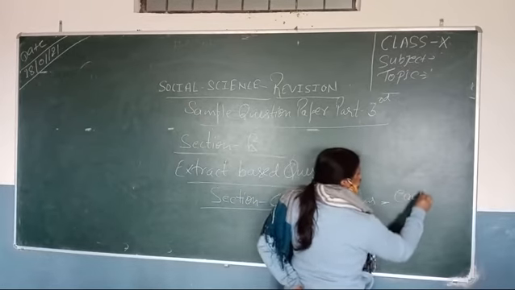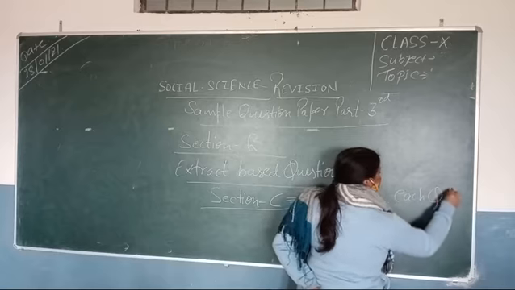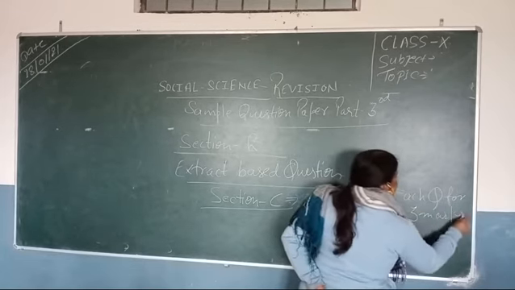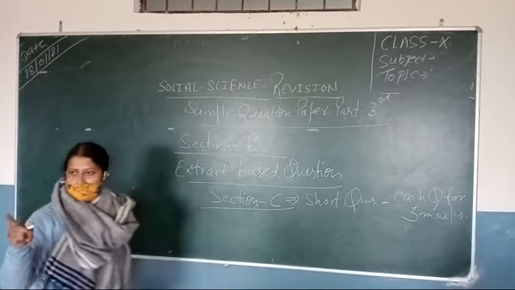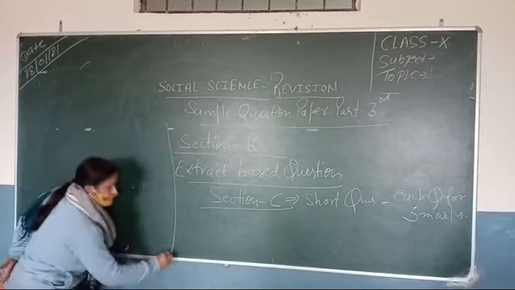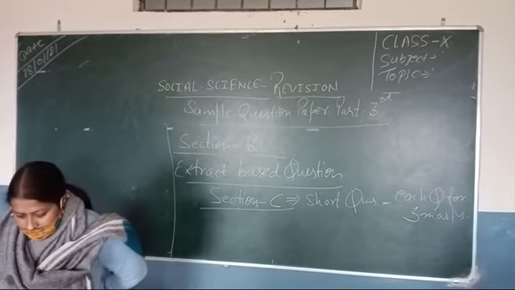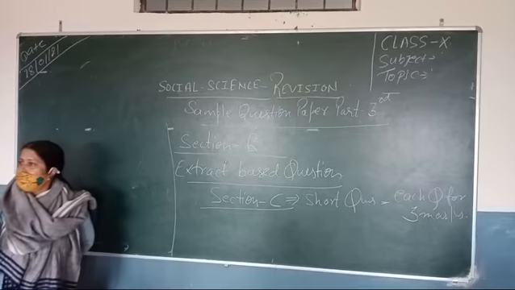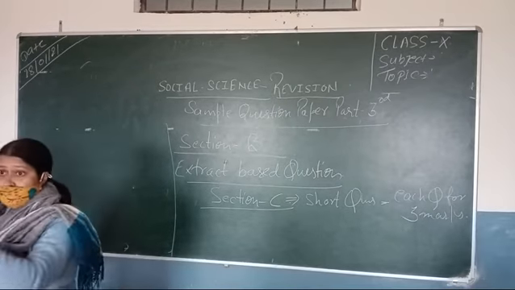Each question is for 3 marks. I am writing on the blackboard so that you will remember that you have to explain any 3 effects. There is a big difference between effects and reason.